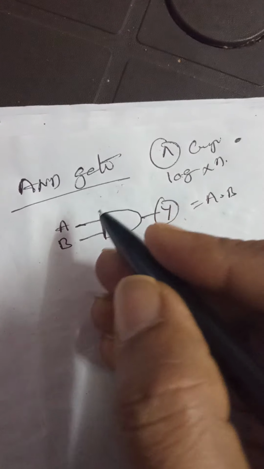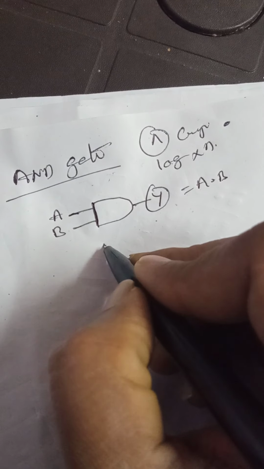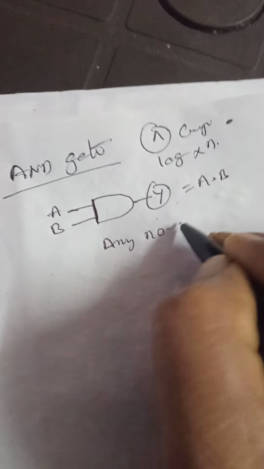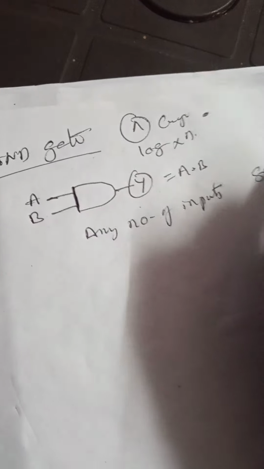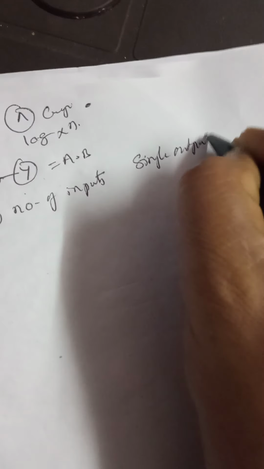In an AND gate you may have any number of inputs, and you will get a single output, right? You can have any number of inputs, but you will get a single output.